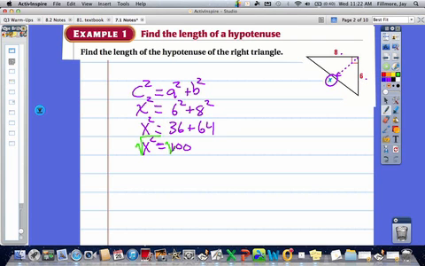Much like when you divide, it gets rid of multiplication via inverse operations. So the square and the square root will cancel, and x is isolated. And the square root of 100 is positive or negative 10. But since we're dealing with the length of a triangle, a length can't be negative, so we're just going to deal with positive 10.